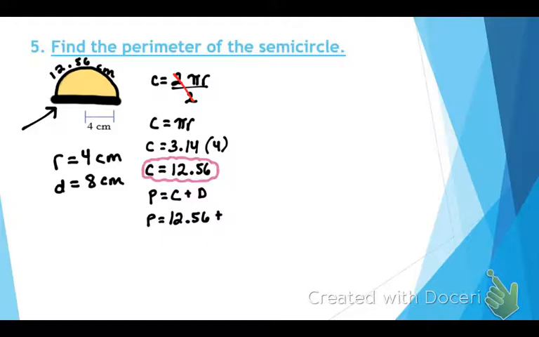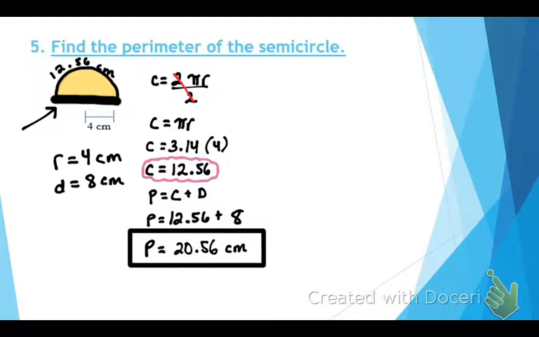Remember, because this is 4, and if you double it, that would be 8. This is going to give us the perimeter around the entire semicircle. What is it? 20.56 what? Should I square the units? When do I square the units? Only when it's the area. This has asked us for perimeter, the distance around, so you do not need to square the units.